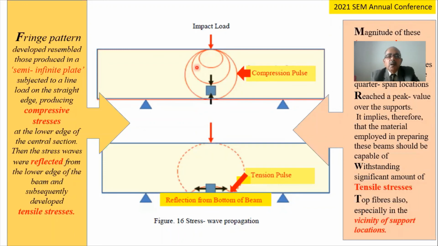There is a load on a semi-infinite plate. We get a compression bulb. As it reaches the boundary at the bottom, the reflection will produce a tensile pulse, and that is going to give us a precursor in the beam.